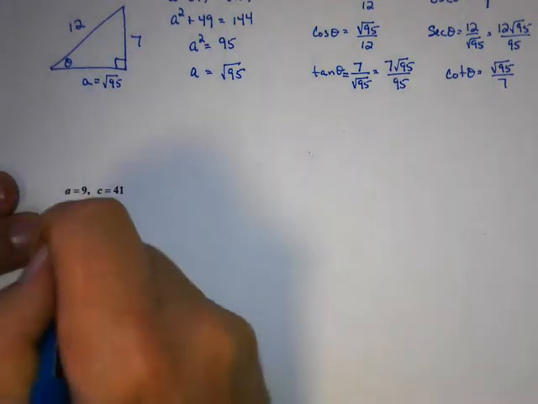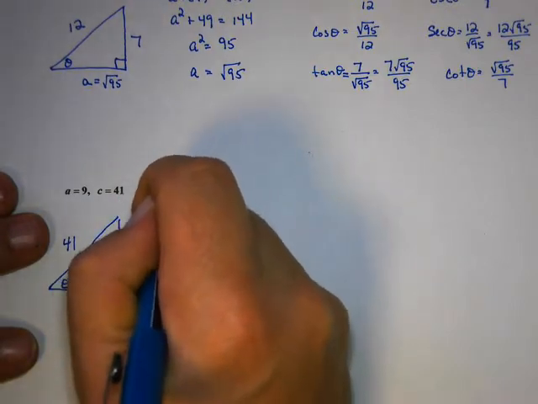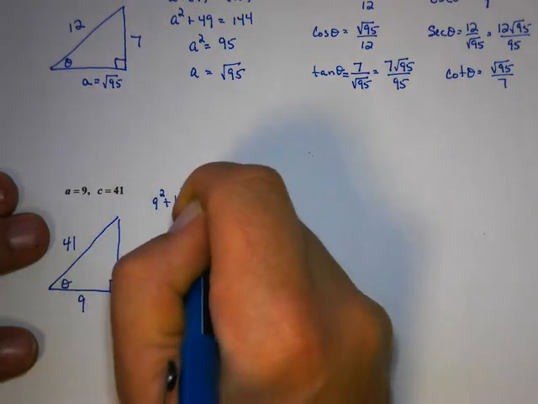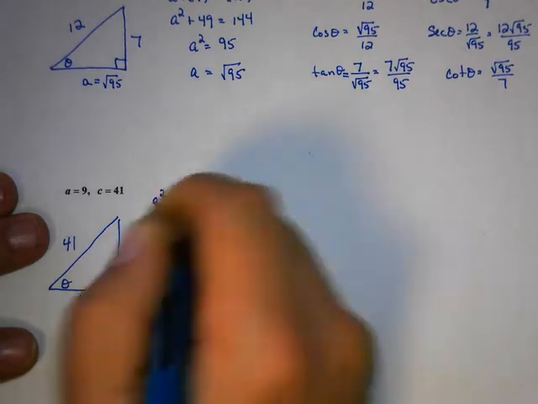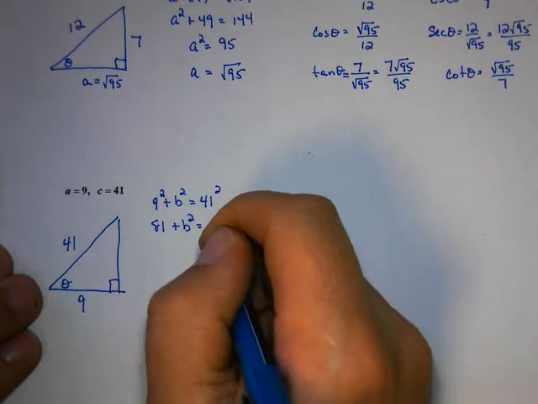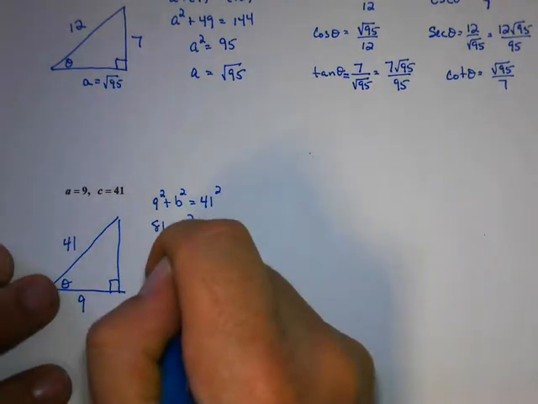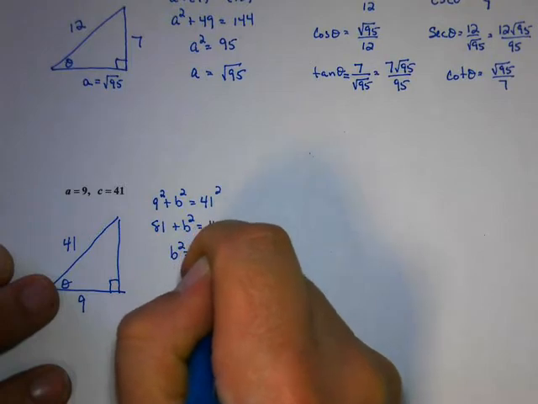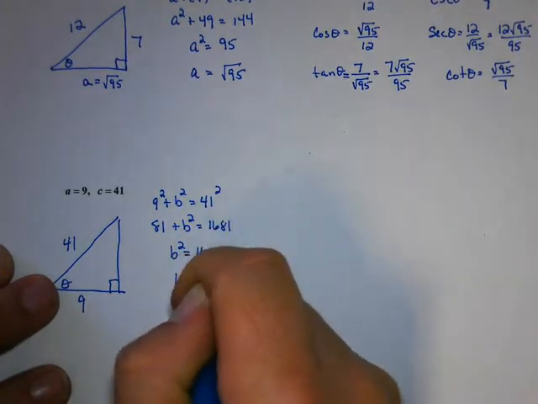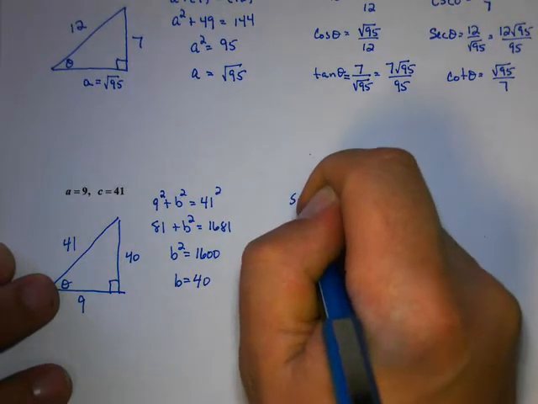If A is 9, C is 41, so I'm going to have 9 squared plus B squared equals C squared. 81 plus B squared equals 1681. B squared equals 1600, so B equals 40. So this is a nice one.